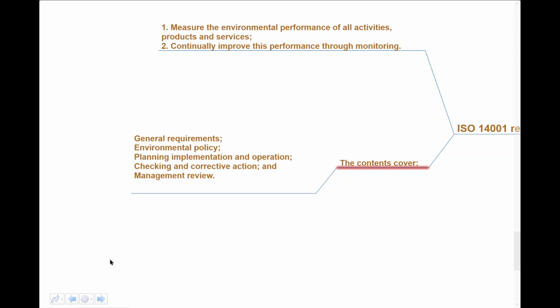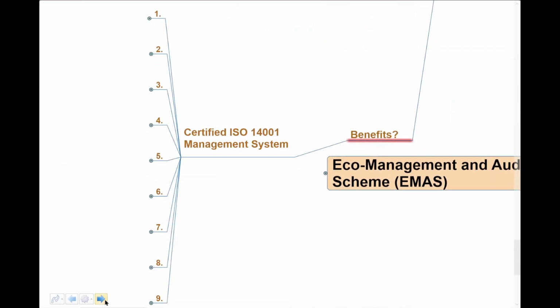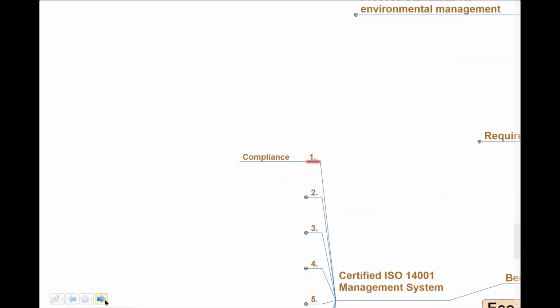Okay. Moving on from there, when we think about the benefits of having a standard, let's pick ISO 14001, there are a myriad of benefits, starting with the idea of compliance. It provides a benchmark to comply with, and that's something that we can use to promote ourselves. We are complying with this particular standard.